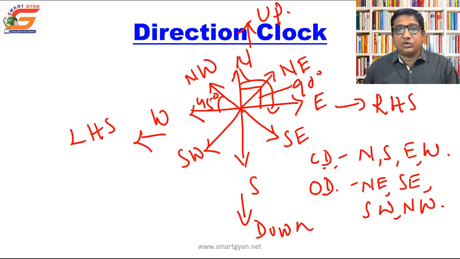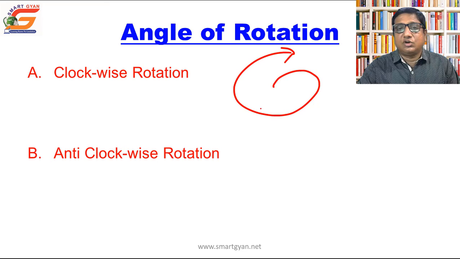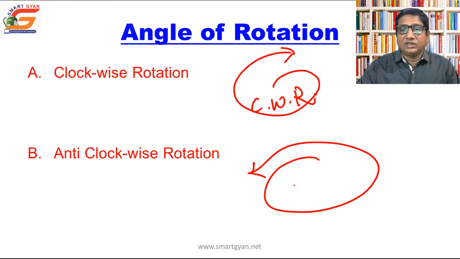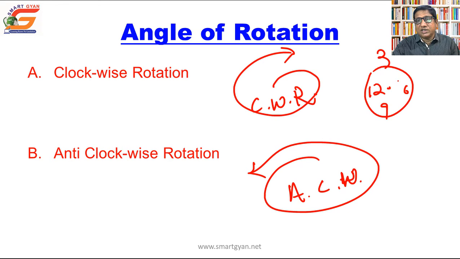There are two types of rotation, that is clockwise rotation and anti-clockwise rotation. What is clockwise rotation? When the movement is along the hands of a clock, that is called clockwise rotation. And when the movement is against the hands of a clock, that is called anticlockwise rotation. If you look at the face of a clock, that is 3, 6, 9, 12, these are the different points, and hands move this way.